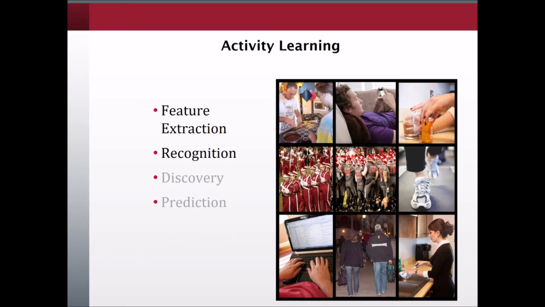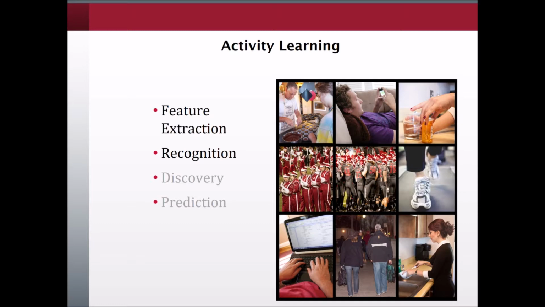In this course segment, we will focus on two aspects of activity learning from mobile sensor data. We will first describe how to extract features from mobile sensor data that could be used as data points for modeling activities, and then we will talk about how to perform activity recognition from this data.